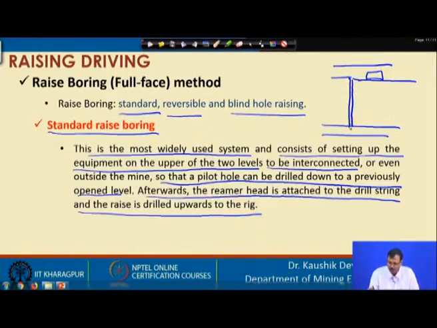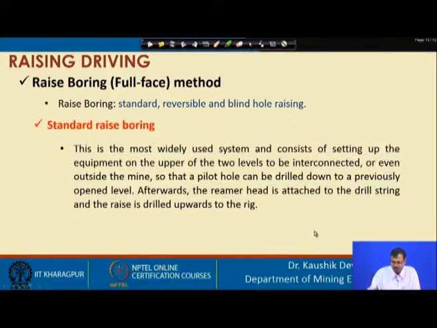Then through the pilot hole a reamer head is attached, so that the reamer head is pulled in the upward direction, so that a reamed hole or the large diameter hole can be created. So, basically first the pilot hole is created, then it is reamed, but the main machine is placed in the upper level. So, that is the standard raise boring technique.